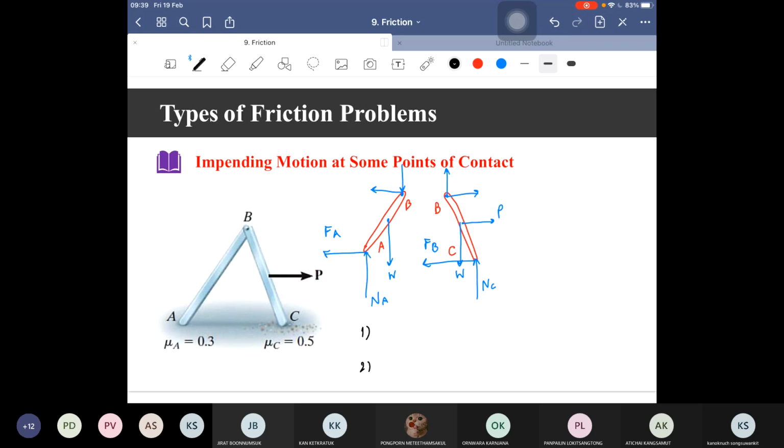The first one, if we exert the force P and there is slipping at point A, and then no slipping at C. Or in the other case, the slipping occurs at point C, but no slipping at A.